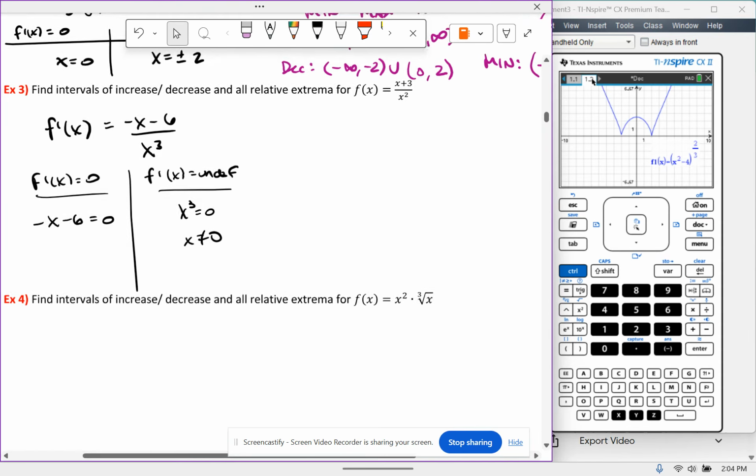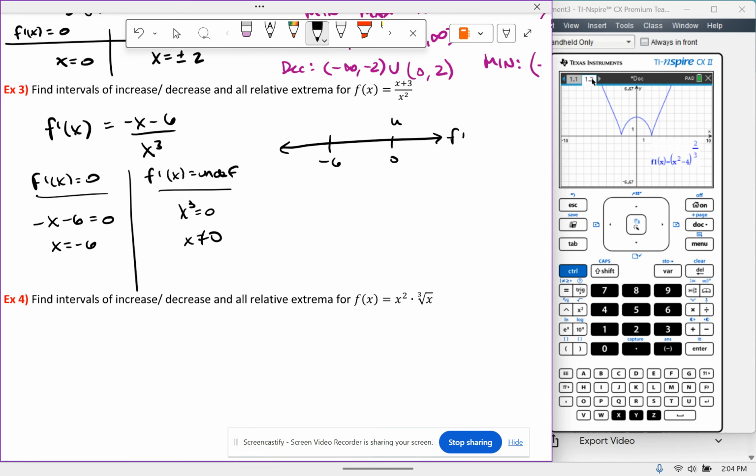So if I do that, I have x equals -6. So let's figure out what this number line is going to look like. This is my f prime number line. I have a 0 and I have a -6. So 0 came from this guy being undefined, and then -6 came from this guy being a 0.